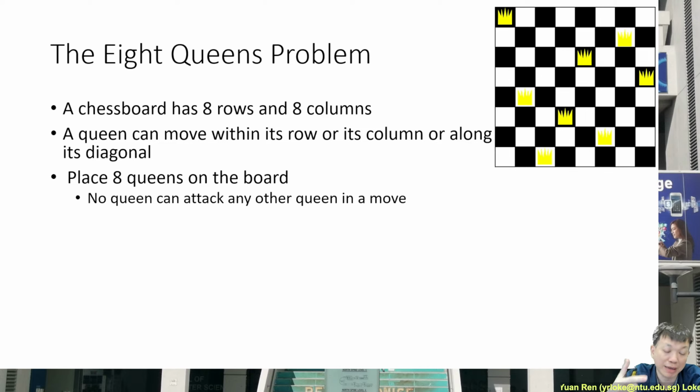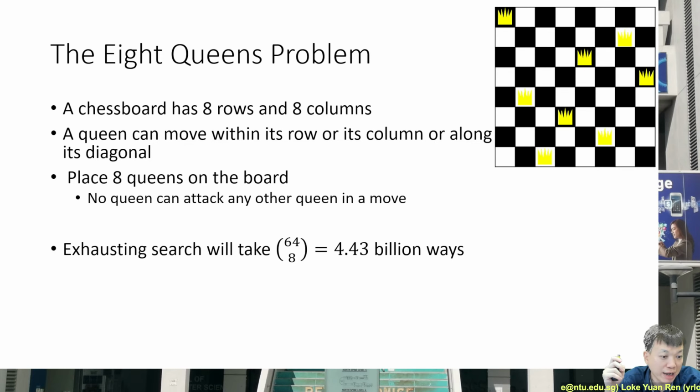This is basically the problem. So the most silly way to do it is to just try out all the possible combinations. You have 8 by 8, that means 64 positions where you can put a queen. So you put 8 queens, so it's 64 choose 8 positions.